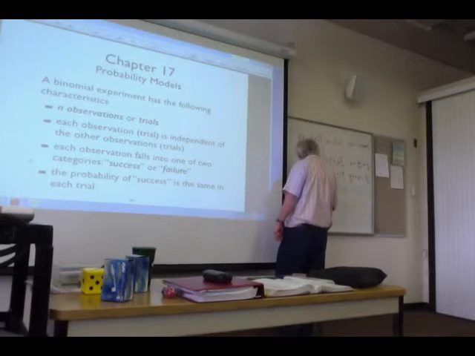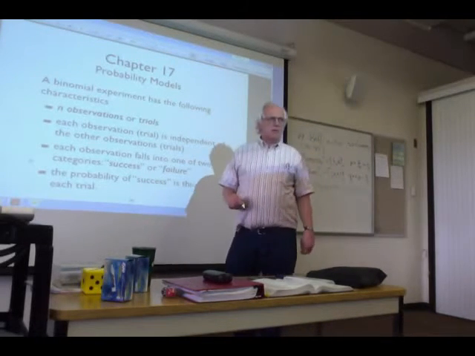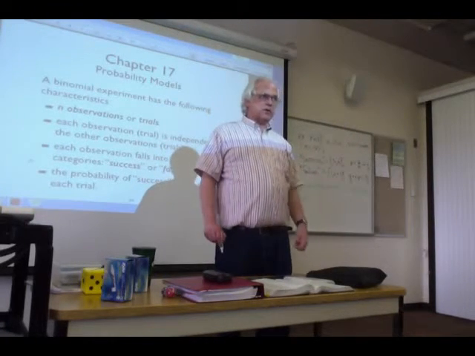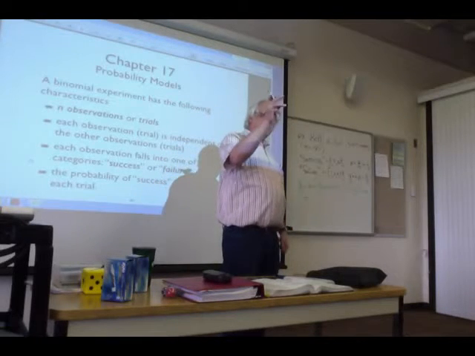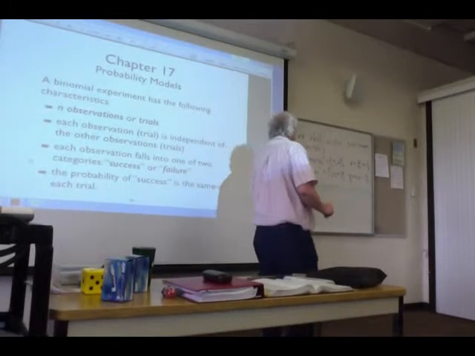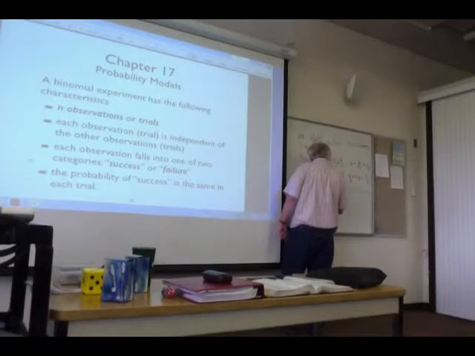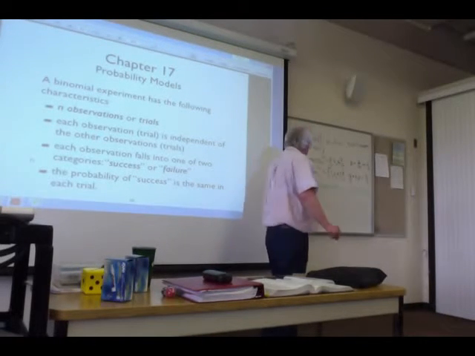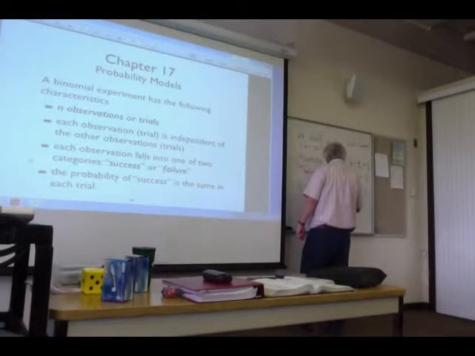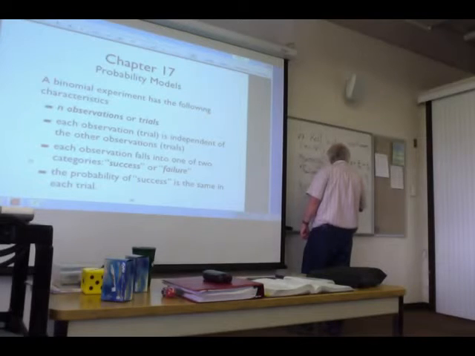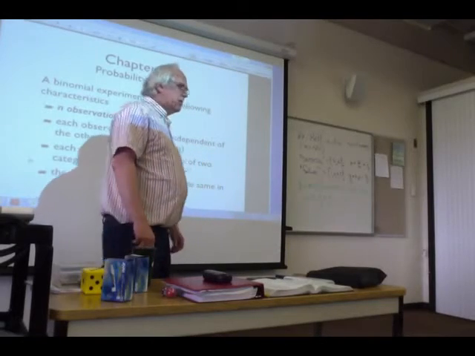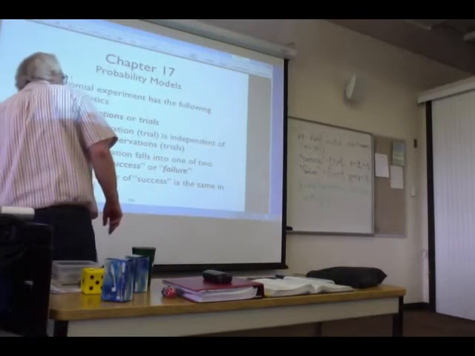What are the possible observed values of X? X is a random variable, the count of the number of successes. The smallest one is 0. That's very unlikely, but you could have 0 successes, even with a fair die. You could have 1 success, 2, 3, and so forth, on up to 50. Those are the only observations we can make in this case. No other possibilities can be observed.